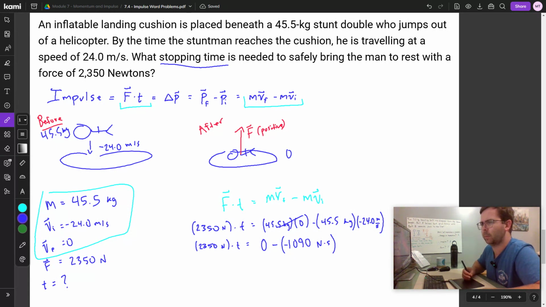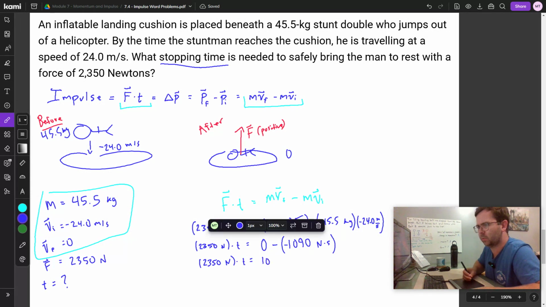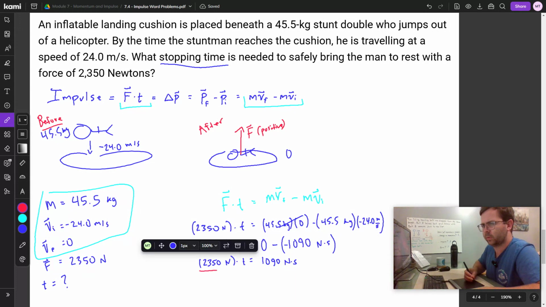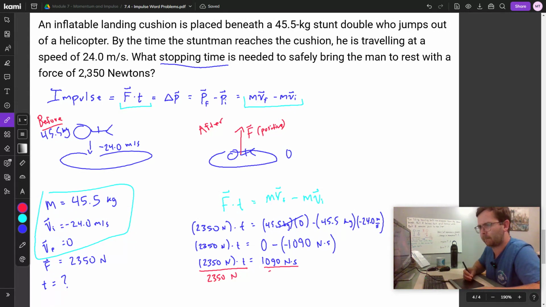So we have 0 minus negative 1090, which just turns it into a positive 1090. So 2350 newtons times the time is equal to, now it's positive 1090 newton seconds. Okay, so now we're going to solve for the time by undoing this multiplication on the left by dividing.